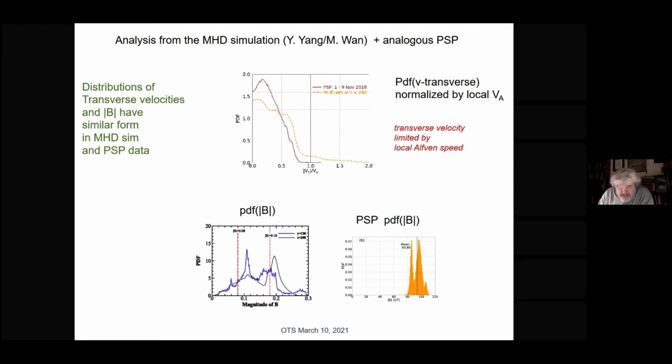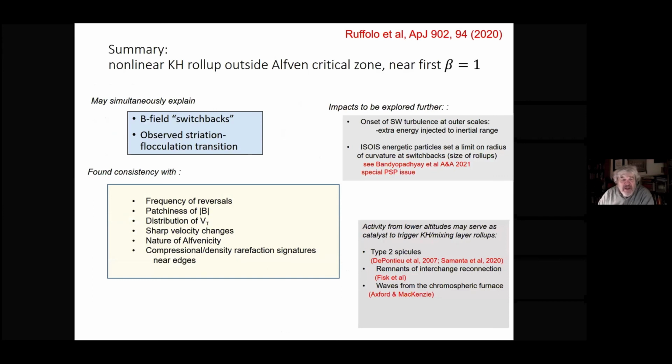So looking at these statistics and the similarities, at least qualitative similarities, we think this is supporting our idea that nonlinear Kelvin-Helmholtz roll-ups in the presence of a significant magnetic field can occur outside the Alfven critical zone, probably near the first beta equals 1 surfaces, and that these phenomena, our hypothesis is, may simultaneously explain the magnetic field switchbacks in Parker Solar Probe, and also the observed striation-flocculation transition.